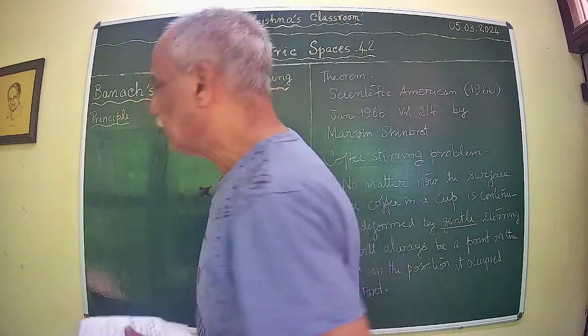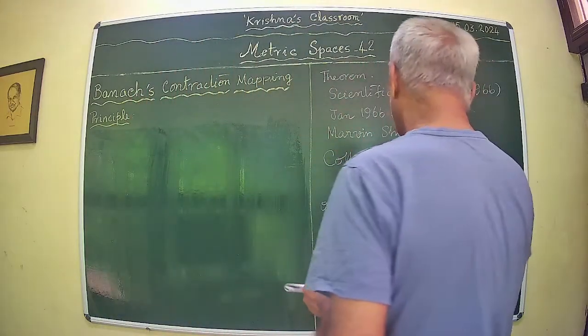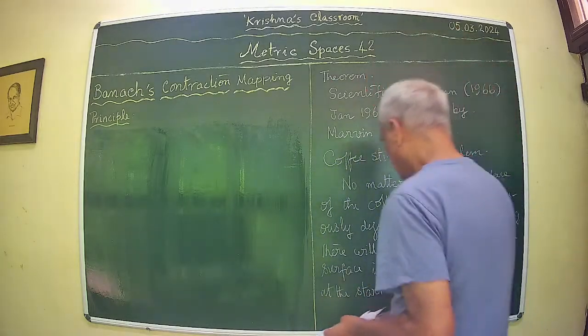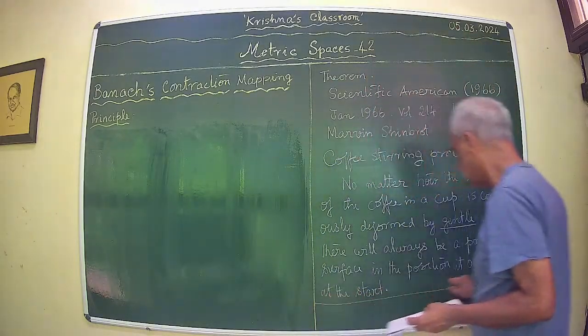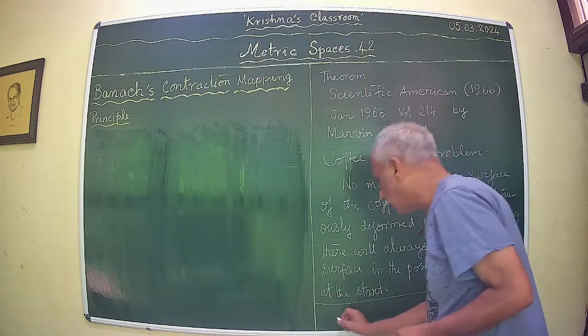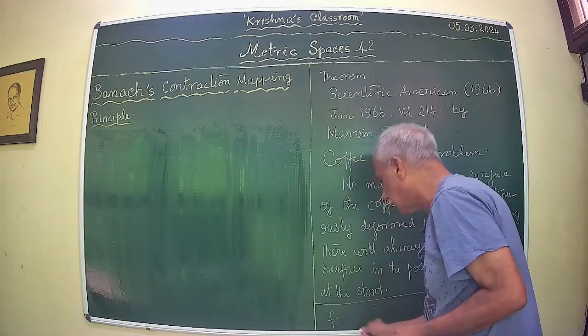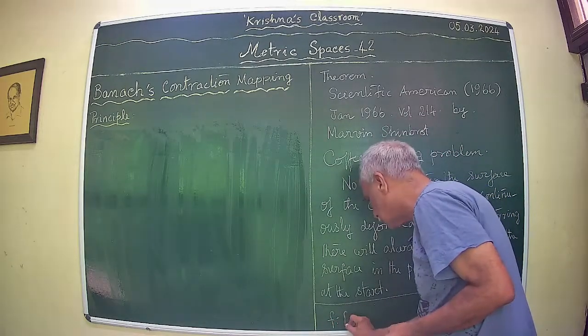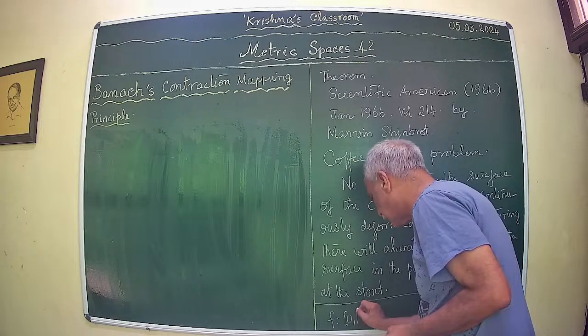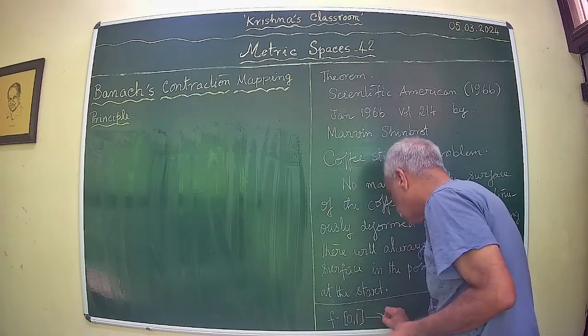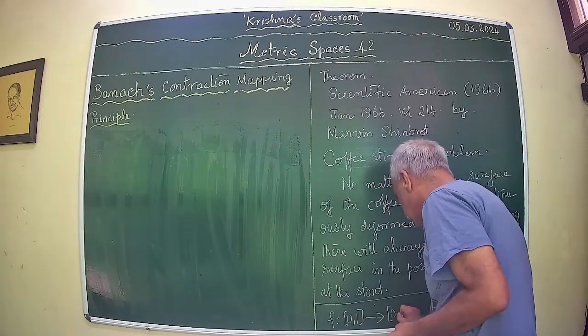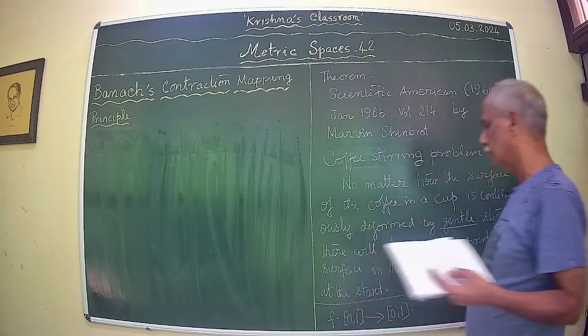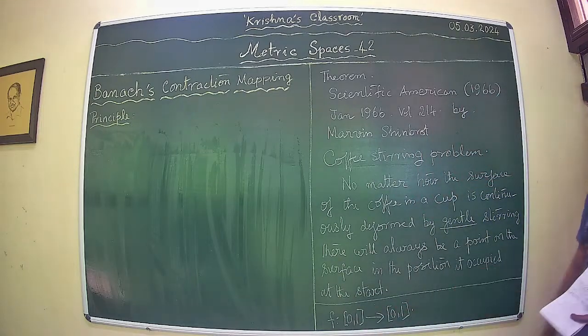Now you see that you are looking at a map on the real line, which maps the interval [0, 1] to [0, 1], the closed bounded interval.